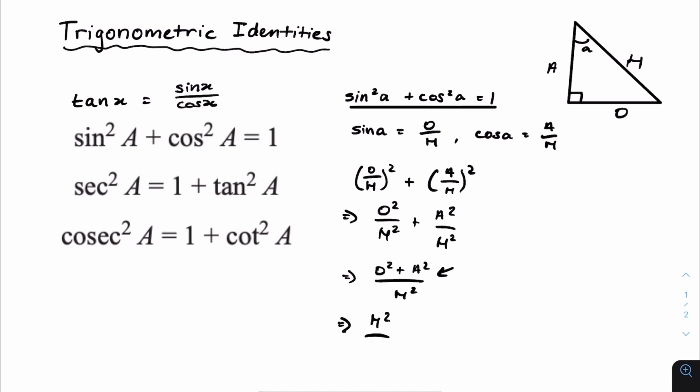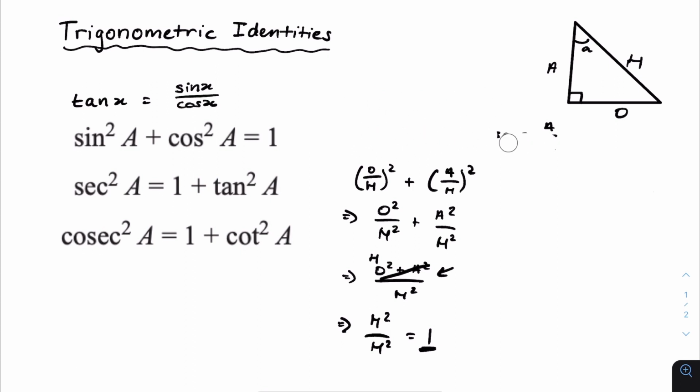So h squared over h squared becomes our result, which gives us 1. And there, we've already proven that sine squared a plus cos squared a will give us 1. So this identity is valid.